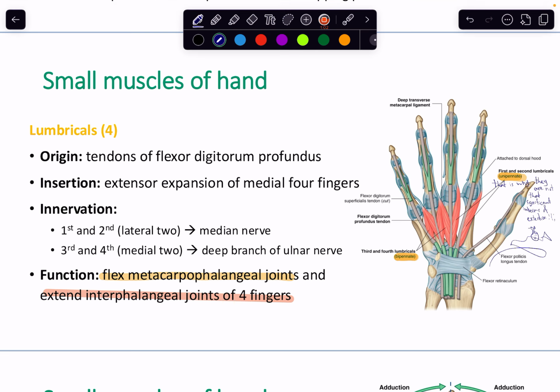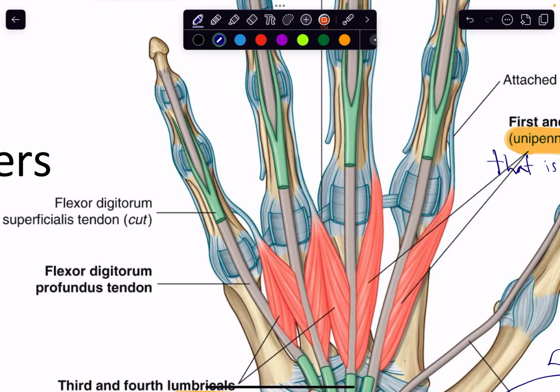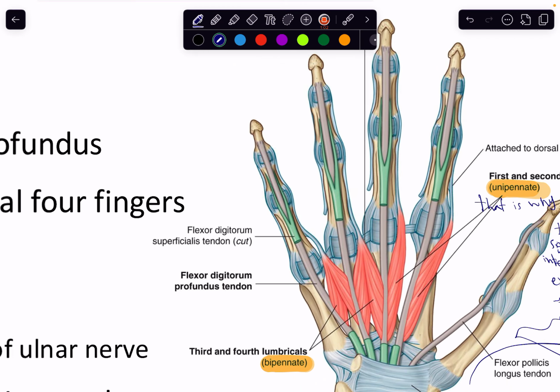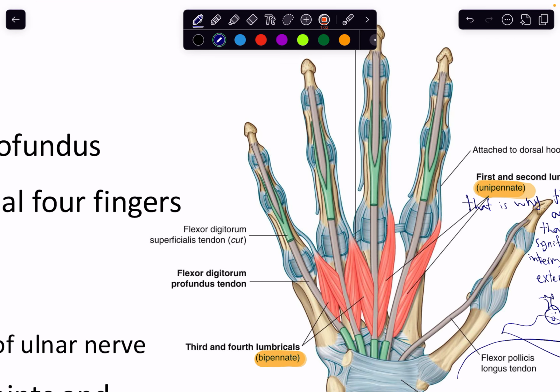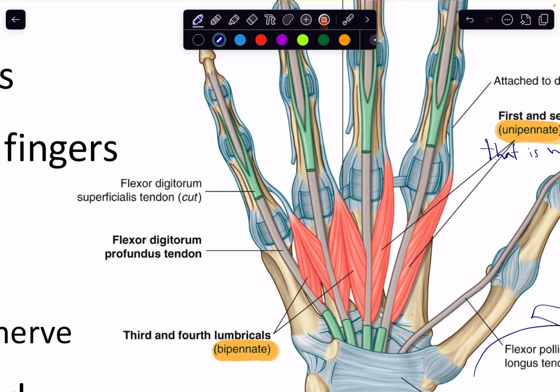Since they are powerful, their action will be more powerful, and these are very small. Okay, I can make this MCQ. It's really logical. So this is clear: origin, insertion, nerve supply, and the action. The unipinnate two are weaker in extension than these two.